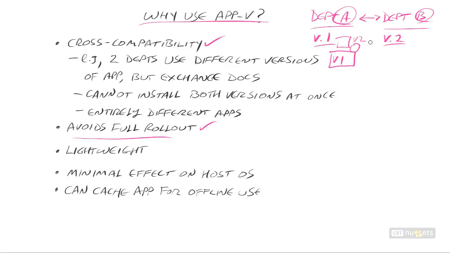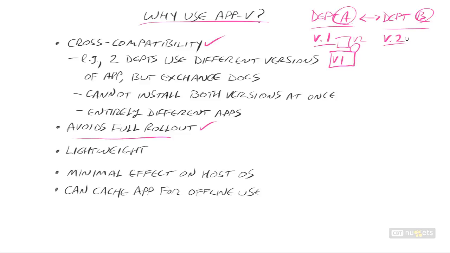It's really not completely installed, per se. Nobody went next, finish and installed it. But it exists there, and I can use it. It hasn't made inroads in a full installation into the operating system itself, and yet I still get all the benefits of actually using version 2 of the app.